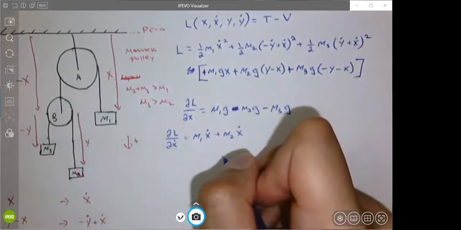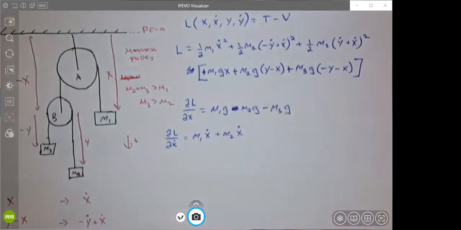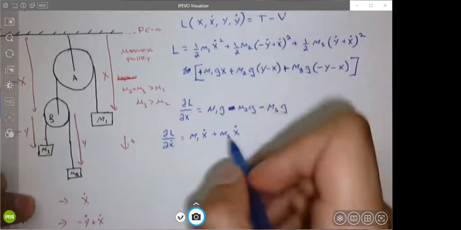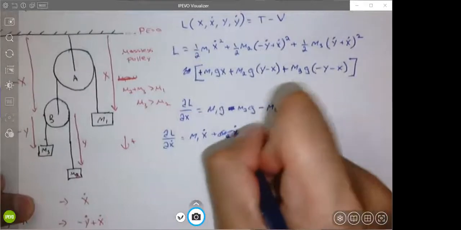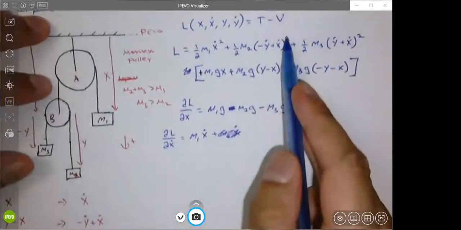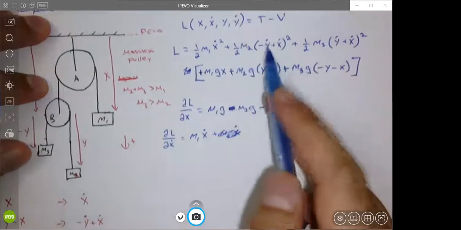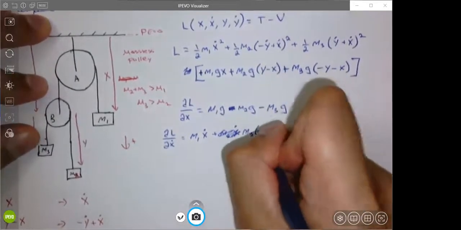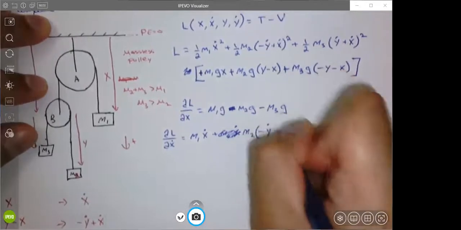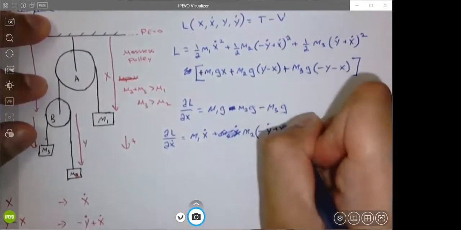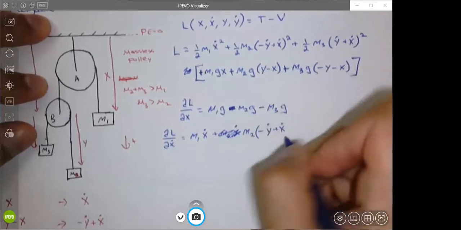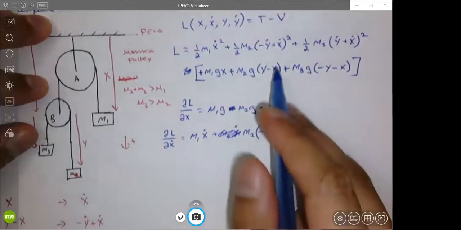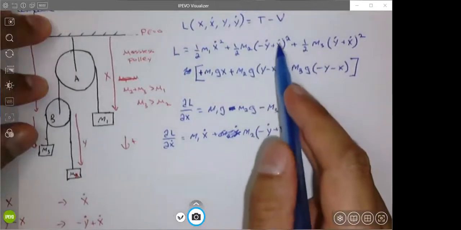And then finally, did I do that right? No, I didn't. This is why it's useful to know what you're doing here. This is a chain rule, so I have to bring the 2 to the front but leave this term alone. So it's actually going to be m2 parentheses negative y dot plus x dot, and we close the parentheses there, and you multiply it by 1 because there's a positive x dot here.